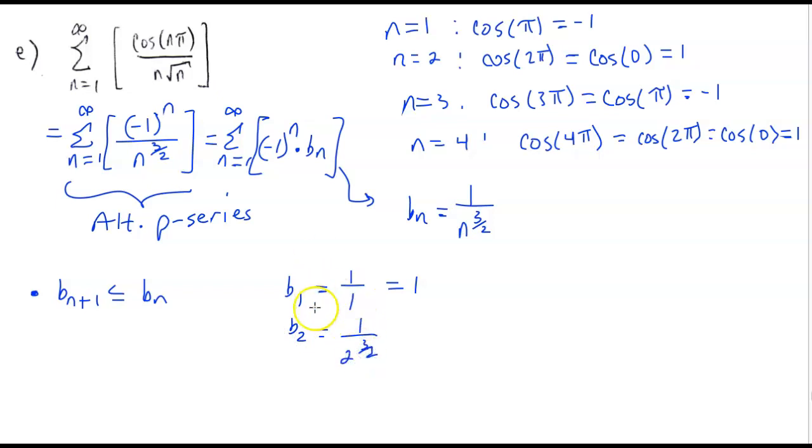To make a long story short, I know that 2 raised to the 3/2, which is basically square root of 8, is going to be larger than 1. So because of that, I also know that b2 is going to be smaller than b1. And that's just going to keep on going here. Okay, so I'm just going to write it like this.